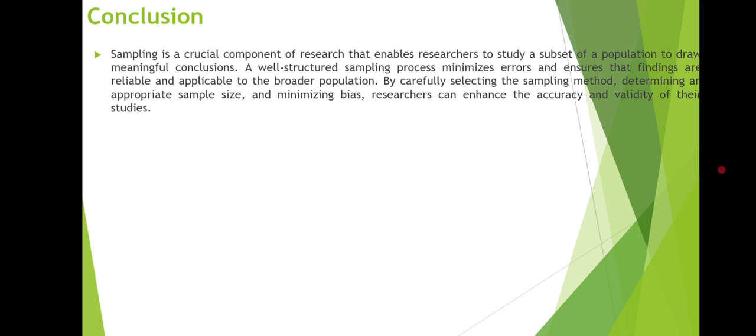A well-structured sampling process minimizes error and ensures the findings are reliable and applicable to the broader population. By carefully selecting the sampling method, determining the appropriate sample size, and minimizing bias, researchers can enhance the accuracy and validity of their studies.